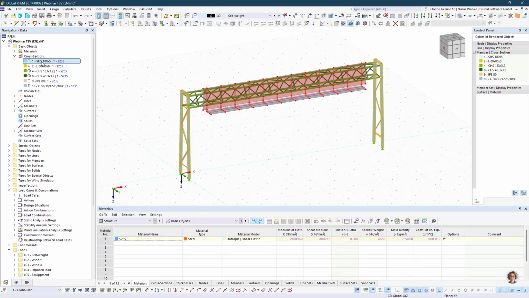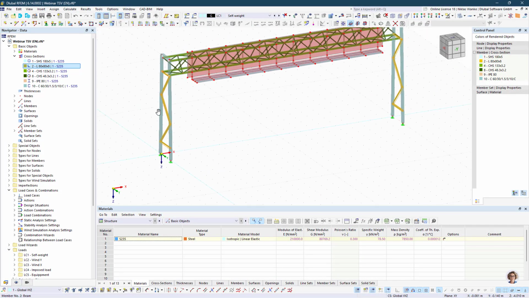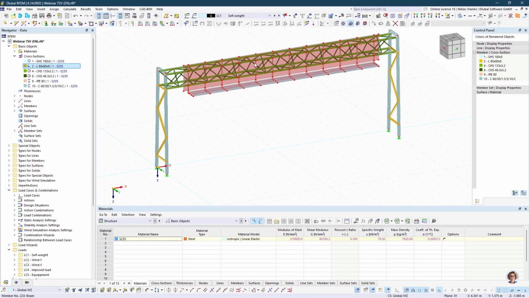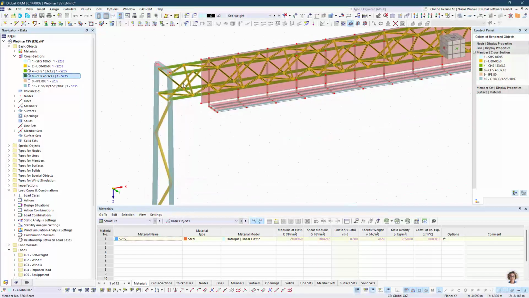For the cross-sections, we have square hollow sections for the columns here. We have angle profiles for the truss between the columns. For this truss member here, where the signs are located, we have two different sizes of circular hollow sections.